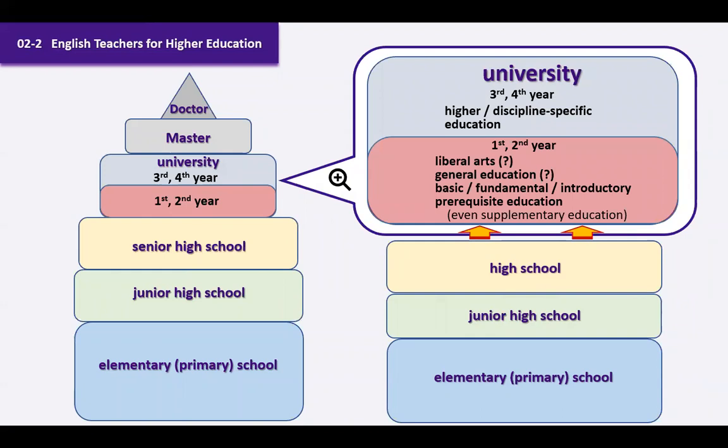We will not go into the discussion about whether the first and second years of university are for liberal arts education or general education. However, we can say that at least the first and second years are for basic academic education, including the transition from senior high school, while the third and fourth years are for higher education, specialized in the individual field.